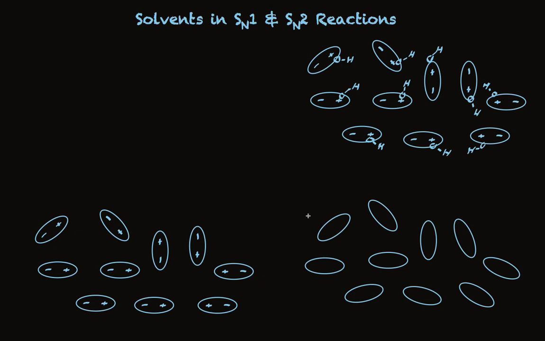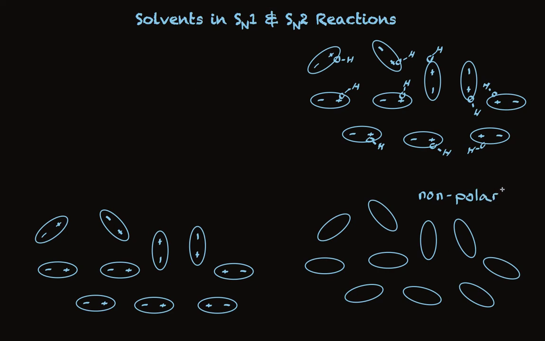I've put up here representations of three different categories of solvent that we should consider, and let's say a little bit about each one. In the case in the lower right-hand corner, I've just got a bunch of ovals with nothing else to represent molecules. And these molecules are nonpolar.